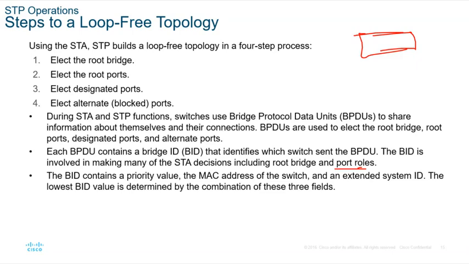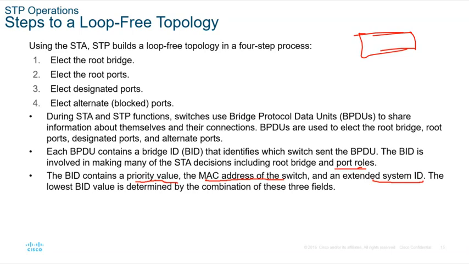That container contains the priority value, the MAC address of the switch, and the extended system identifier. The lowest bridge ID value is determined by the combination of these three.